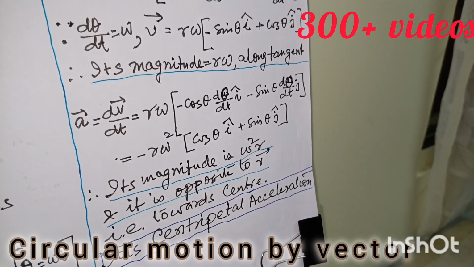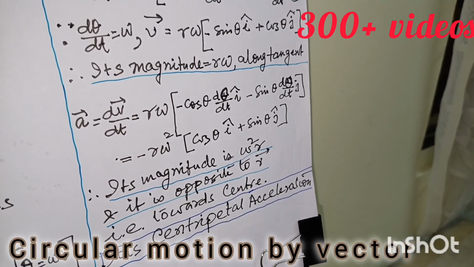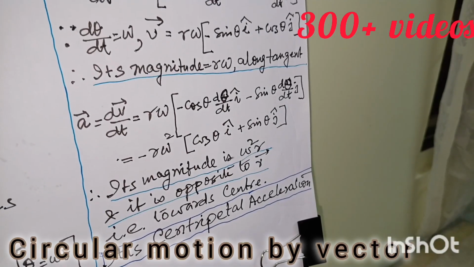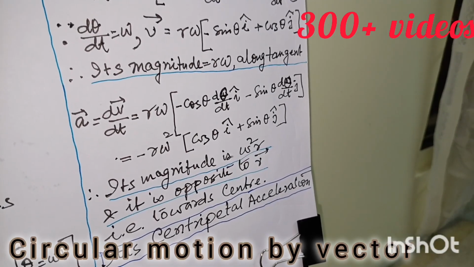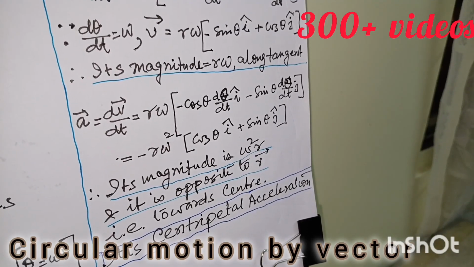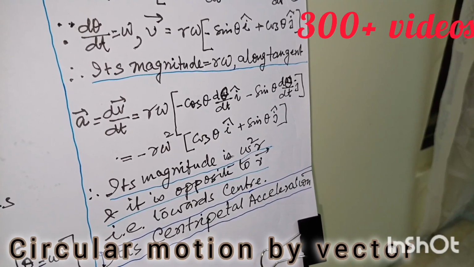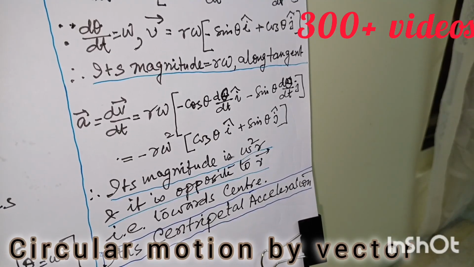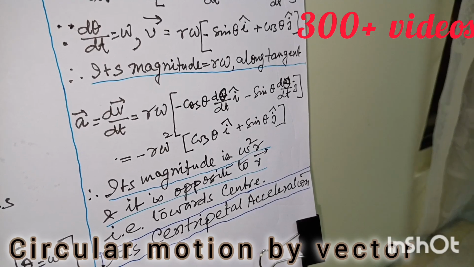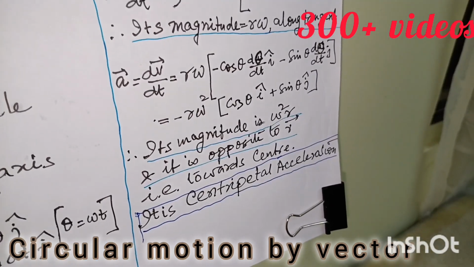Now there is a negative sign also. That means the magnitude of the acceleration is omega square r, which ultimately becomes v square by r, and it has a direction along the radius but opposite to r. Opposite to r means it is towards the center, and this is what is centripetal acceleration.